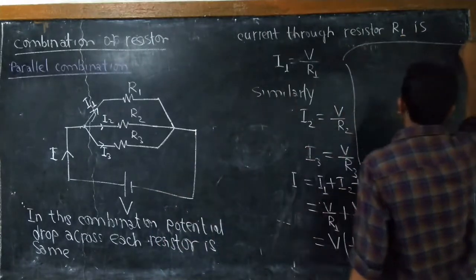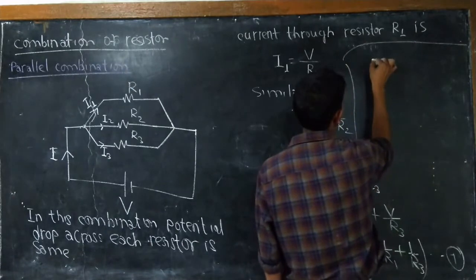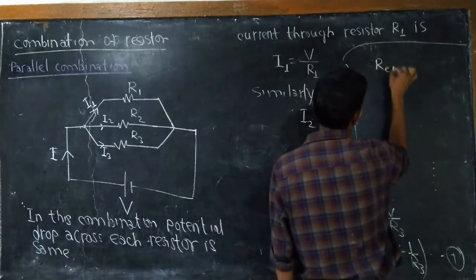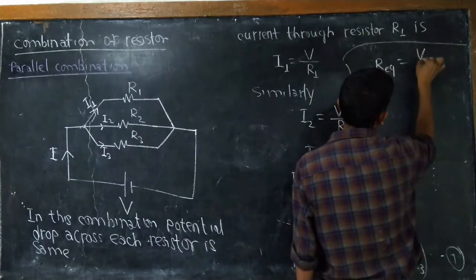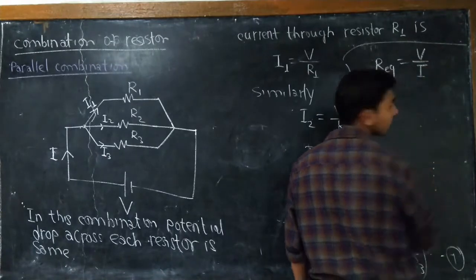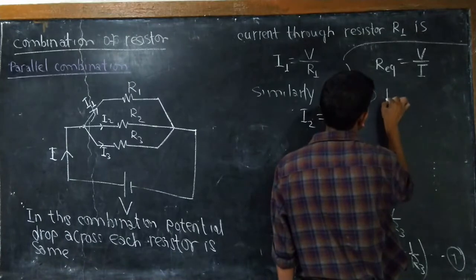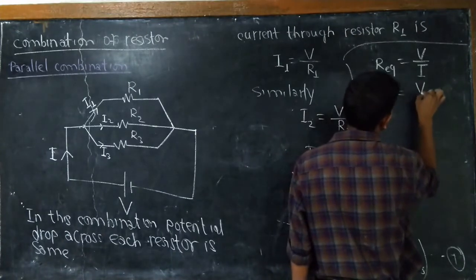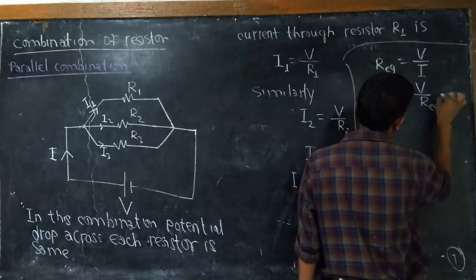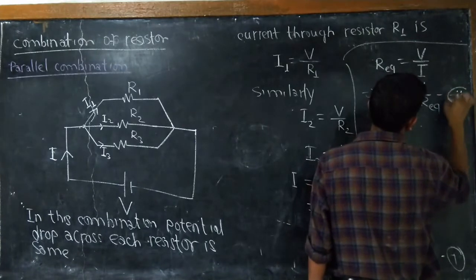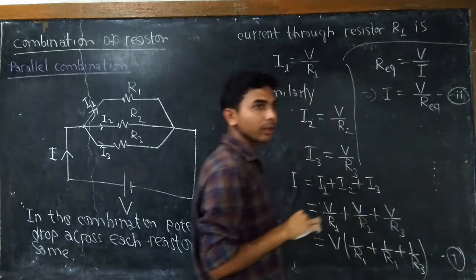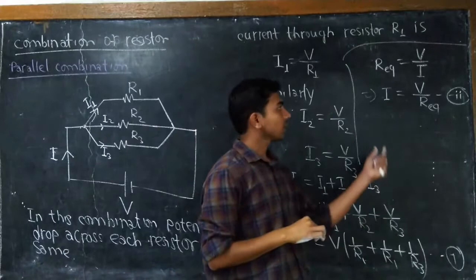And I have already defined R equivalent, right? R equivalent is V by I. So from here you are able to see that I is equal to V by R equivalent. This is your equation 2.